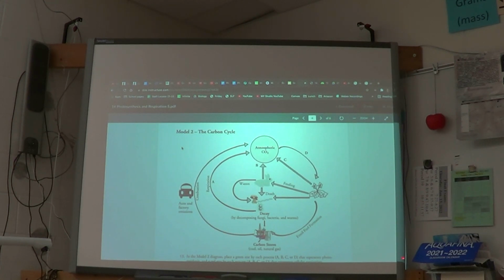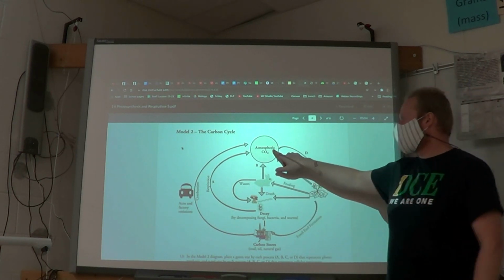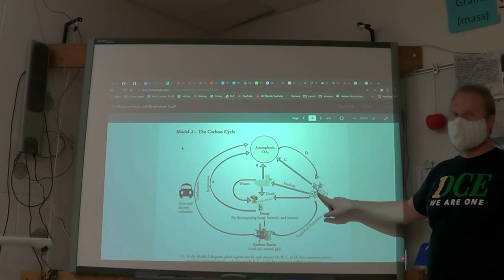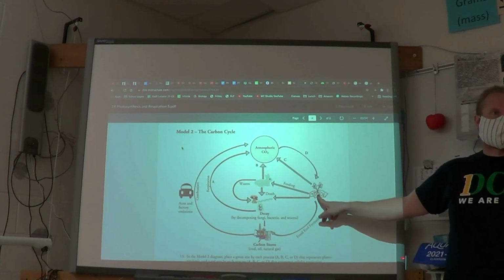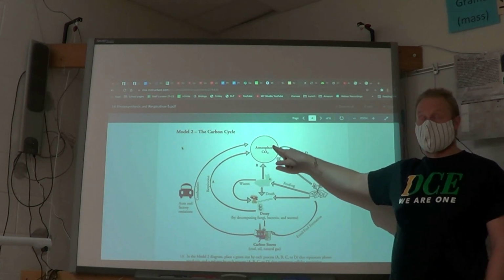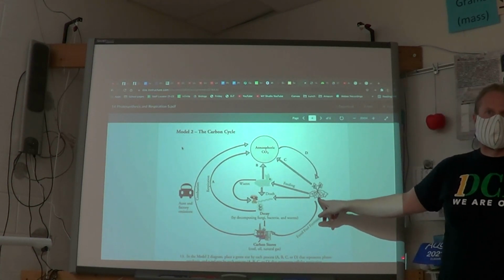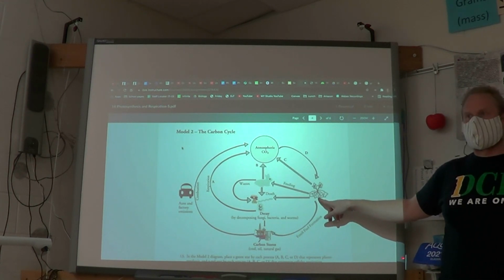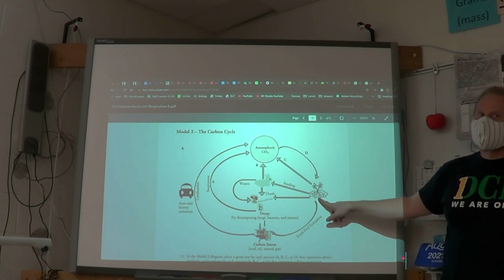So when we talk about carbon dioxide in our atmosphere, let's talk about what's going on. There's a chemical process that plants use to take carbon dioxide out of the atmosphere and store it in themselves. What's that chemical process called?